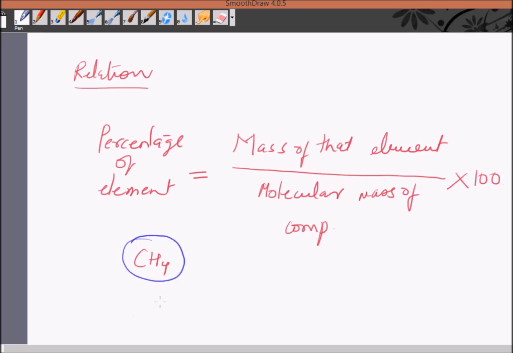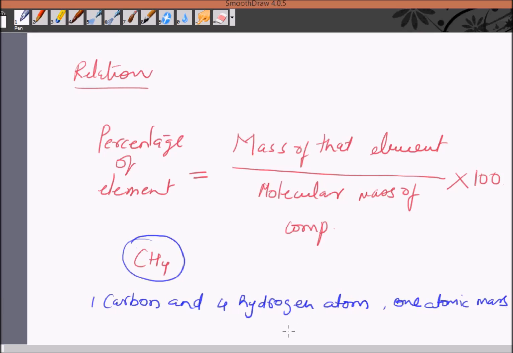The formula of methane is CH4, containing 1 carbon and 4 hydrogen atoms, with atomic mass of 12 for carbon and 4 for hydrogen, as 1 into 4 gives 4.